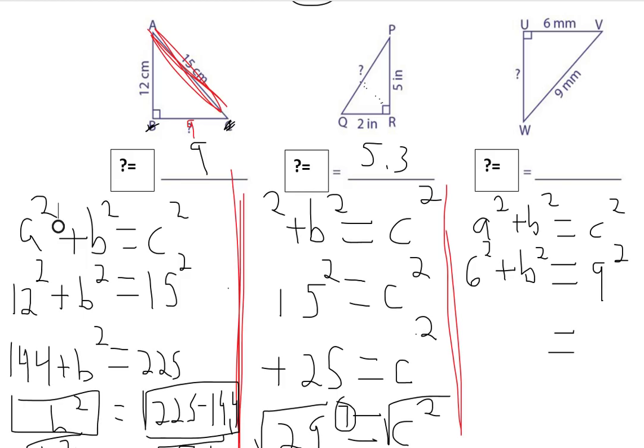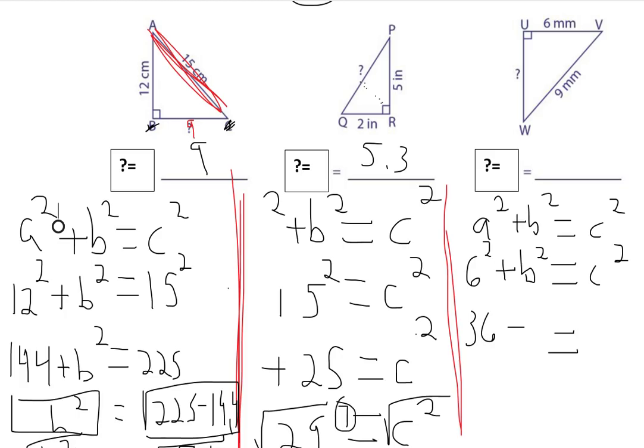But to leave B squared on the left-hand side, not yet, sorry, I need to square those numbers first. And then I can do the boxes. So 6 squared is going to give me 36.